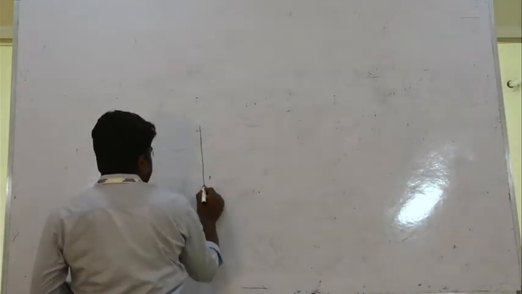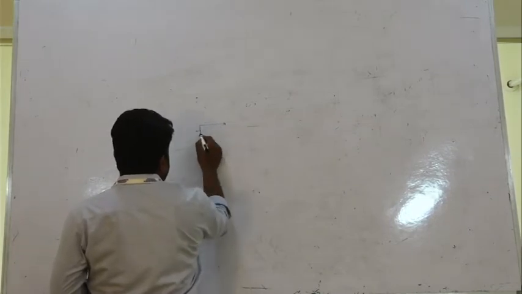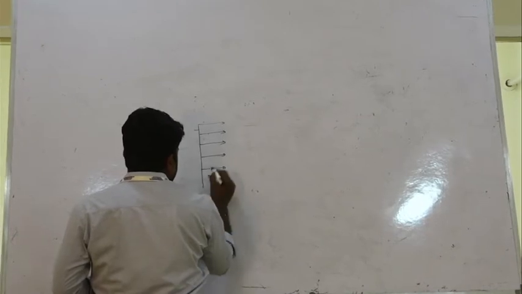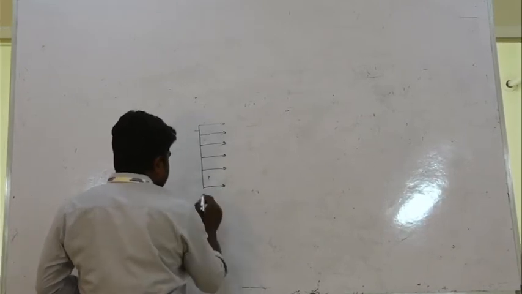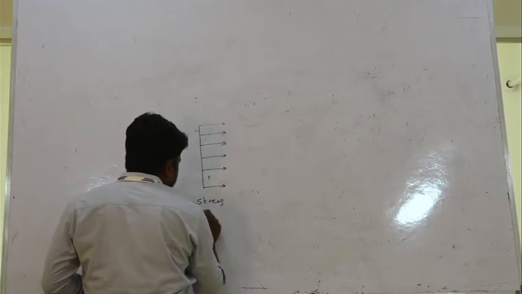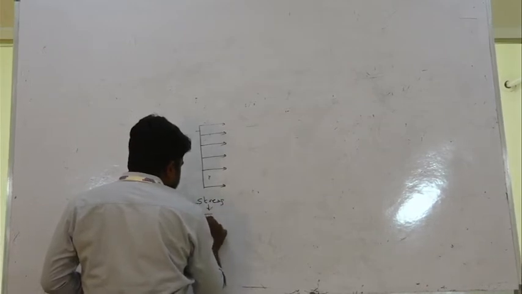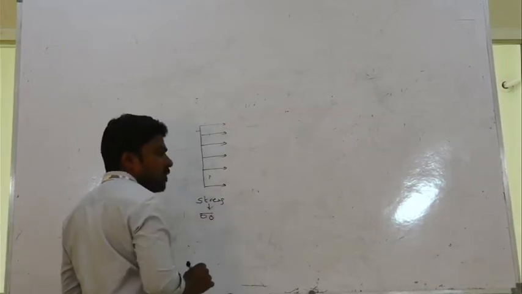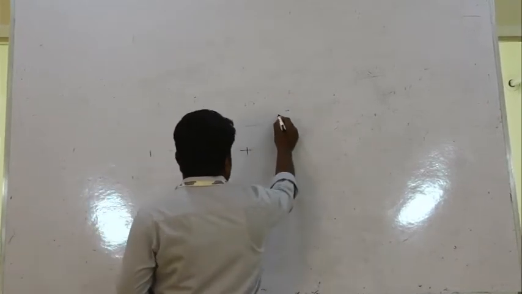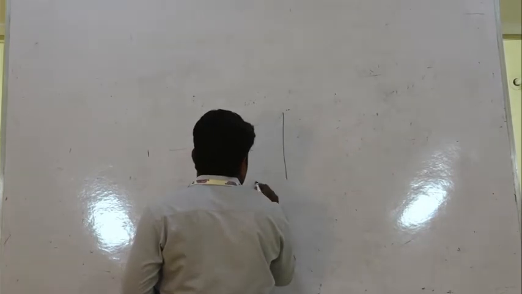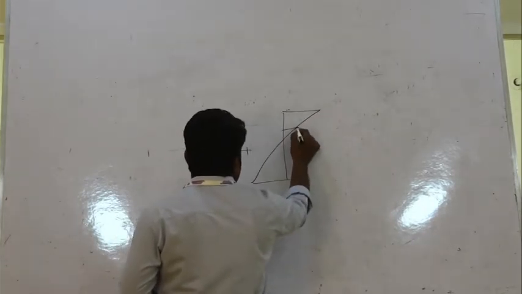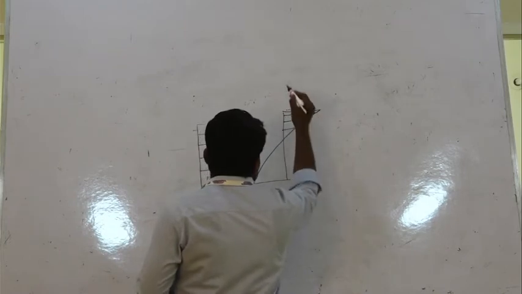Here, this is the stress distribution of direct stresses. We know about this. Direct stress simply represents sigma naught, plus here it is bending stress.